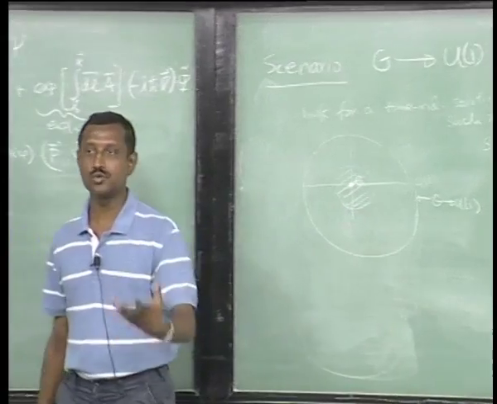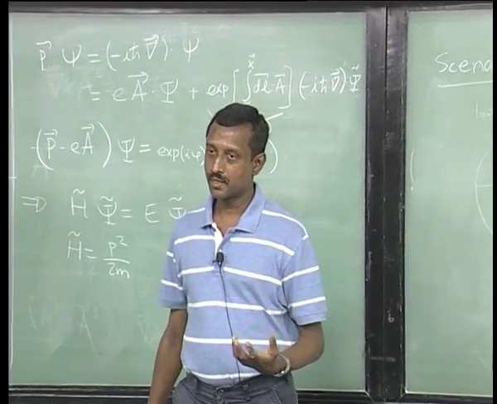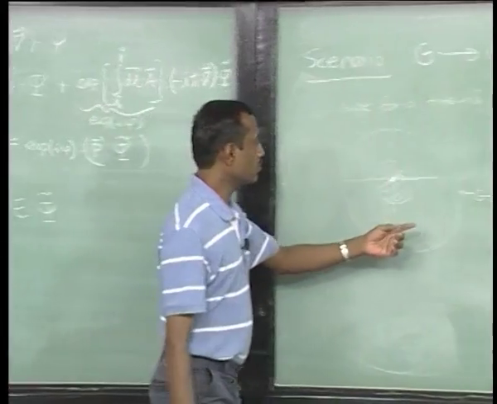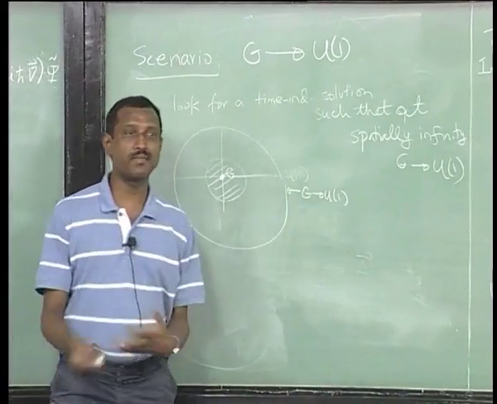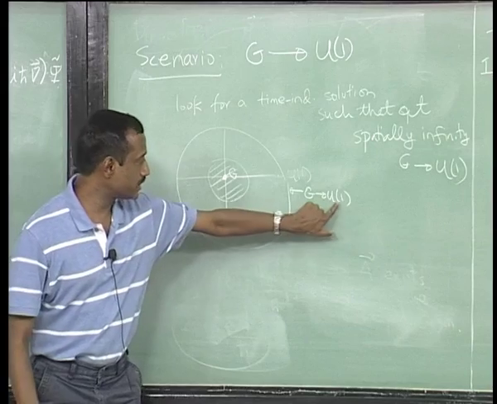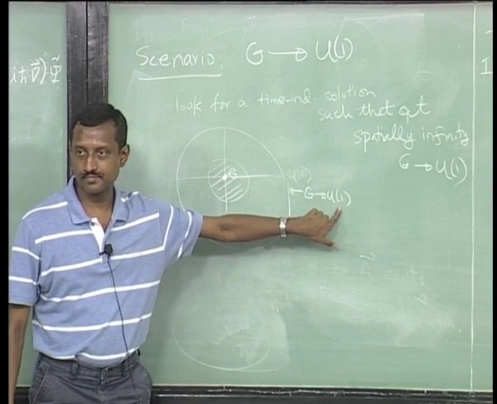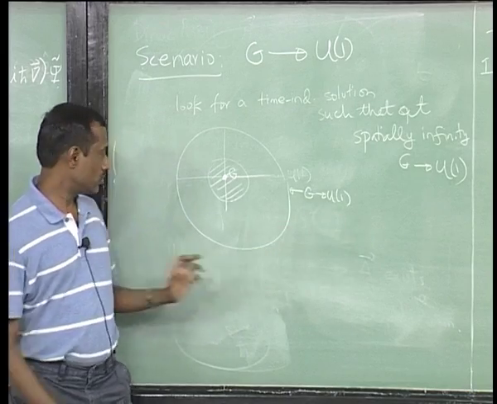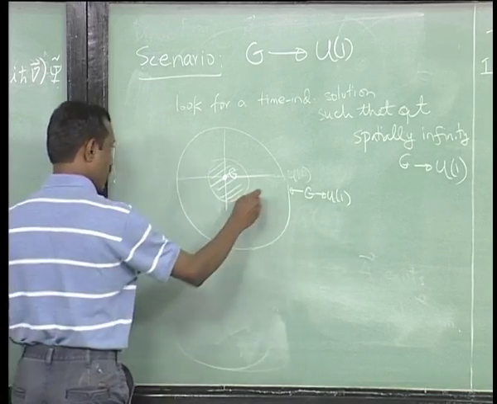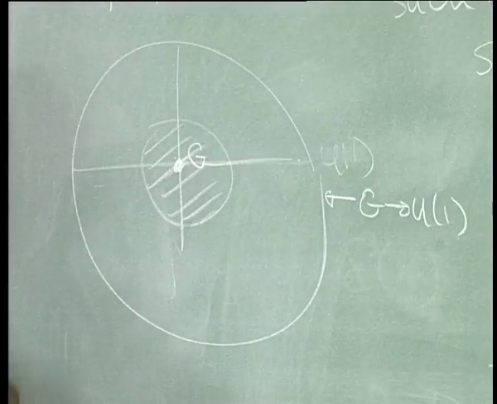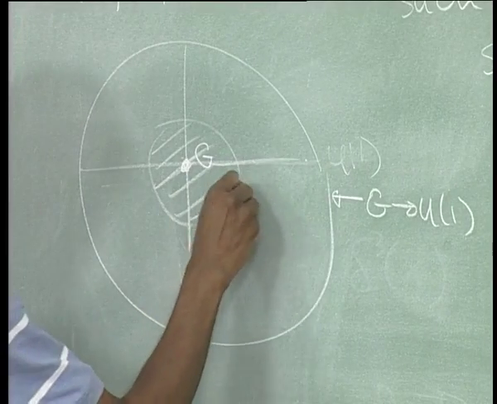They looked for a solution of this kind. When I say that something is charged under magnetism, it is charged under this unbroken U1. So, what they did is construct this. Let us call this some R naught.